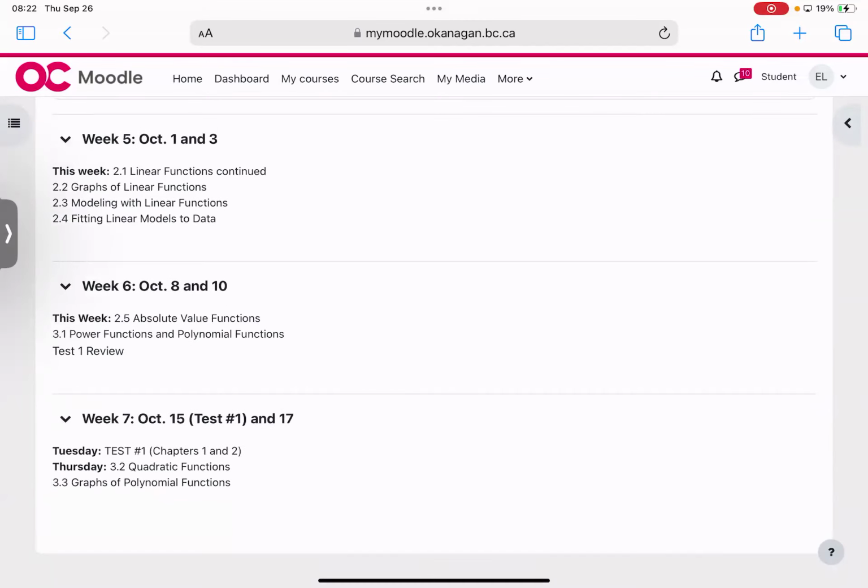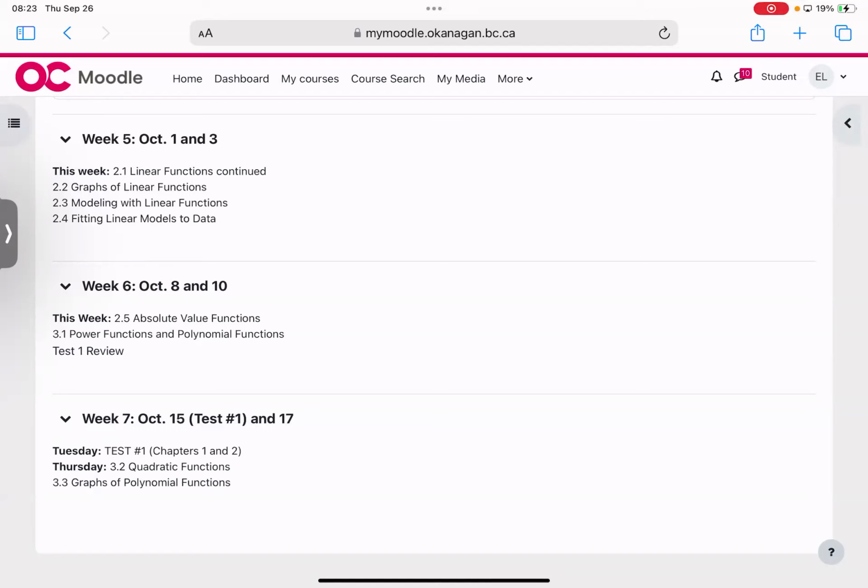Oh, this is so important. Oh, here we go. And so next week, we're going to work through more of chapter 2. And then we'll have to do absolute value functions. And then I've got us moving into chapter 3. It's kind of a buffer. I'm not going to test chapter 3.